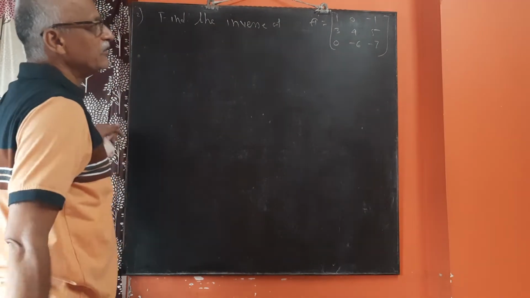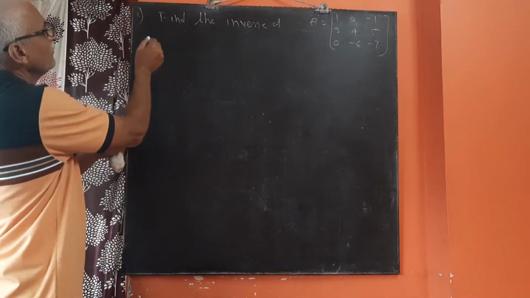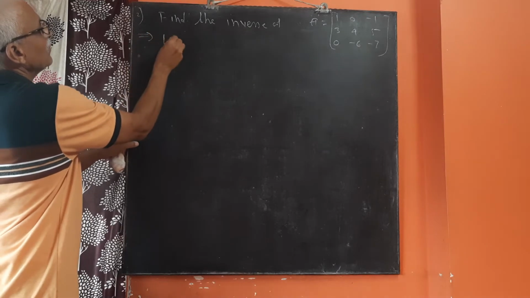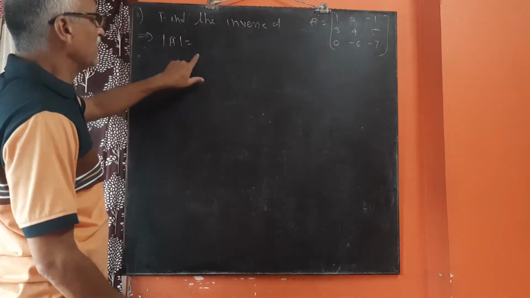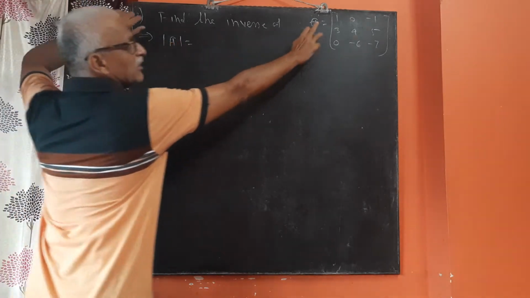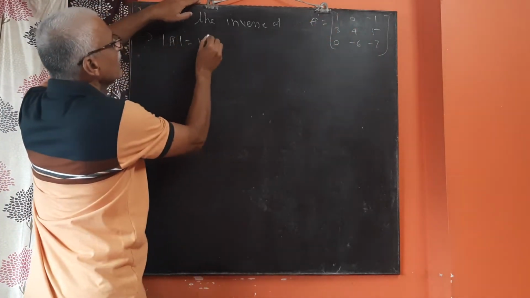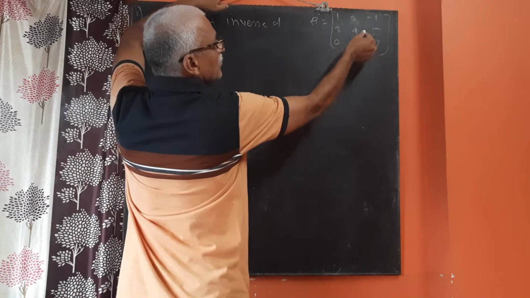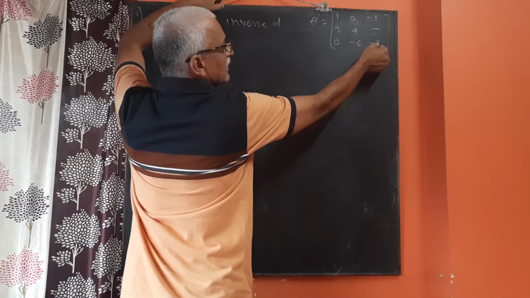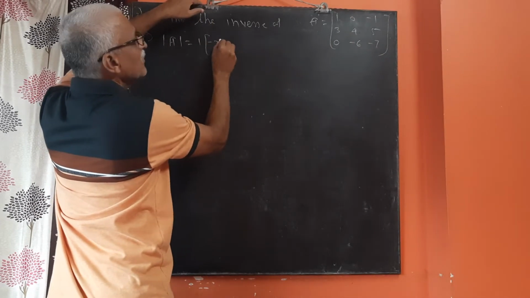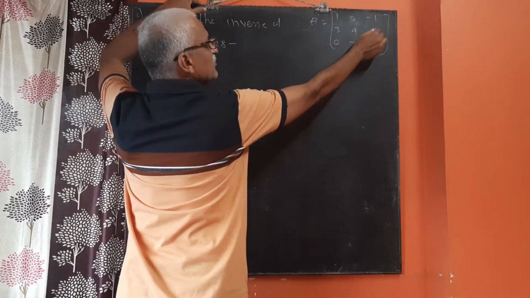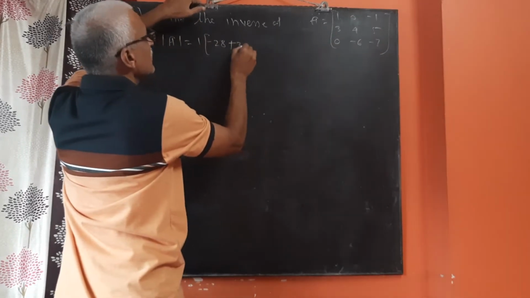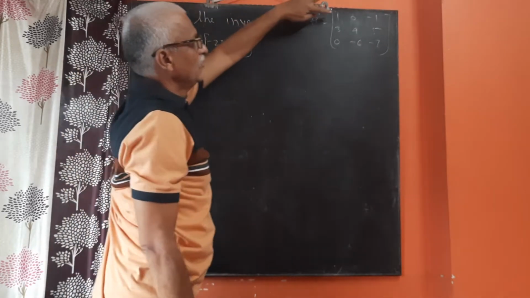Now the first step is to find the determinant of A. I solve directly here. We get 1 into 4 into minus 7, that is minus 28, minus of minus 6 into 5, that is minus 30, which means plus 30.